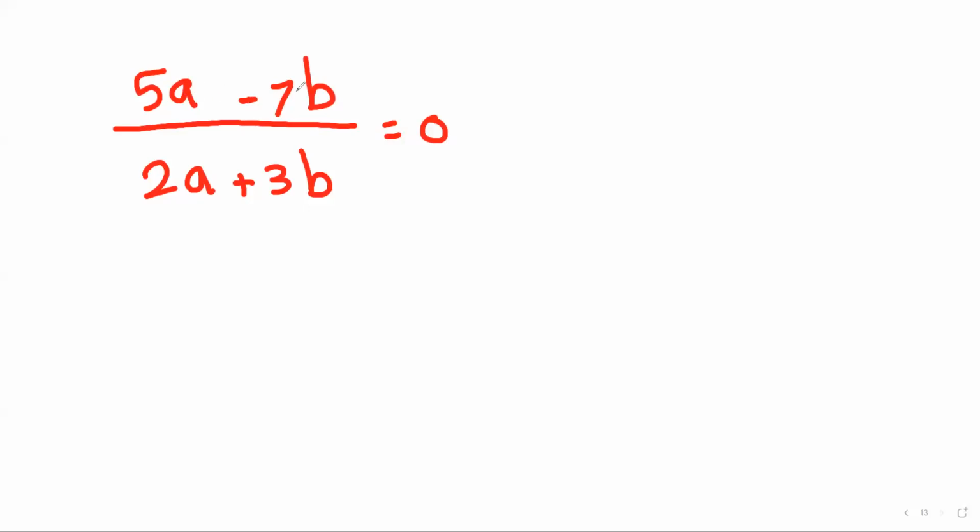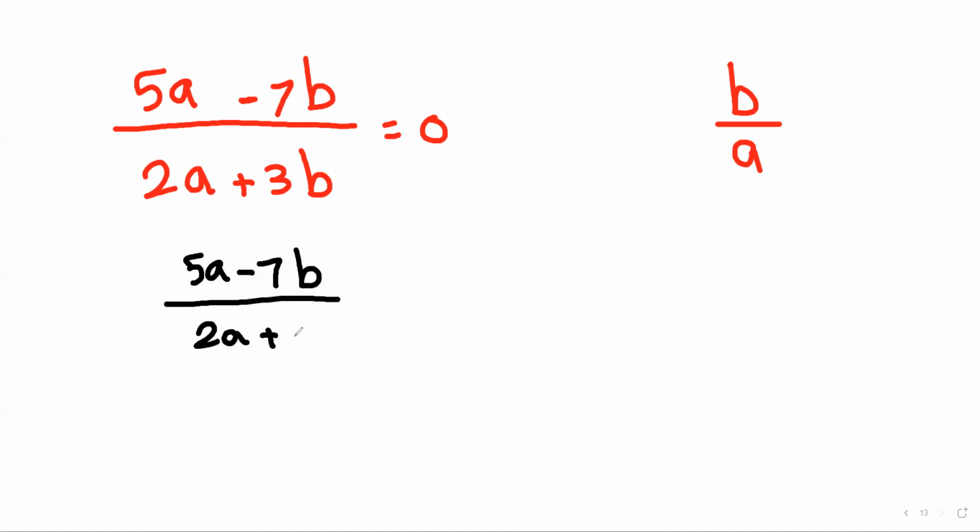Here, 5A minus 7B over 2A plus 3B equals 0. What is B over A? Firstly, do cross multiply. So here we have 5A minus 7B over 2A plus 3B equals 0. You know, we can consider the 0 as 0 over 1. Then do cross multiplying.